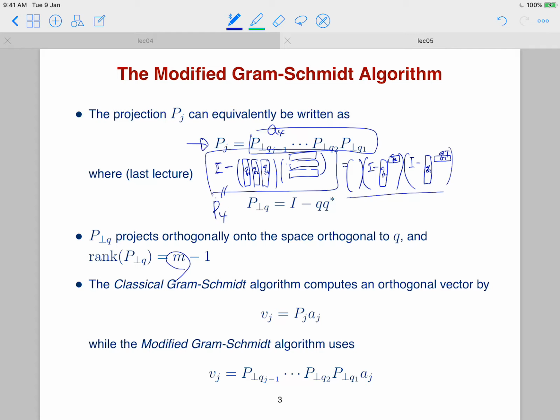And similarly, if we are given a Q1 in a much higher m-dimensional space, for example 10-dimensional, then the complementary projection will map onto a 9-dimensional subspace, right? That 9-dimensional subspace will not include this Q1 component at all, and Q1 will be orthogonal to any vector in that complementary subspace, right?